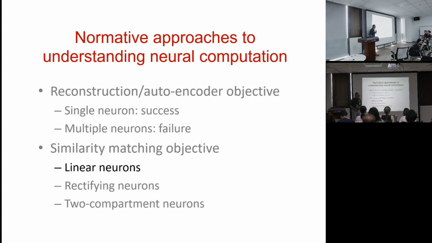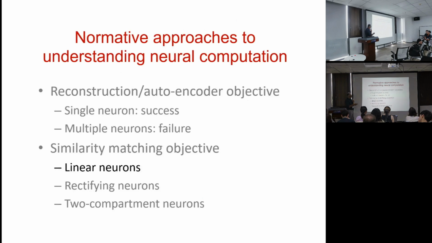All right. So this is basically where we are. To summarize, we started with this normative approach using a reconstruction objective, and it kind of worked for a single neuron, and that's what Oja did. And it failed for multiple neurons because we couldn't have both principled and biologically plausible learning rules.